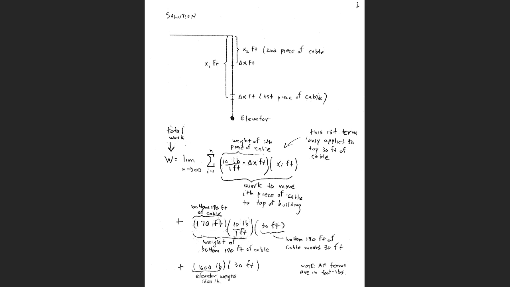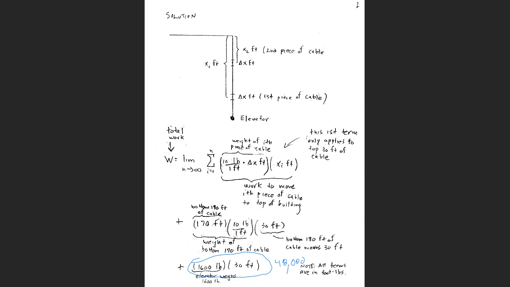So the work needed to move the elevator 30 feet was 48,000 foot-pounds. That comes from taking 1,600 times 30. Let me go back for a moment. So this part here is 48,000 foot-pounds.